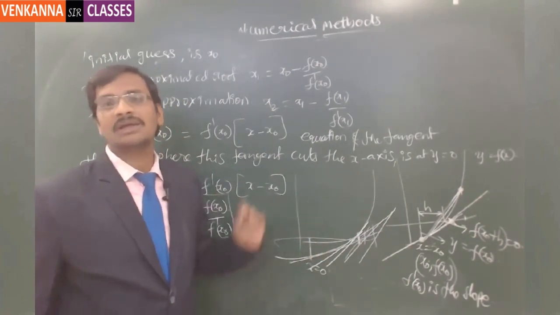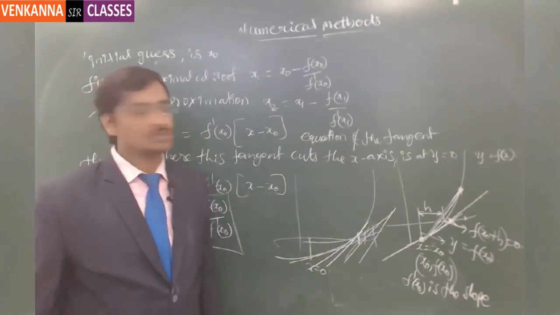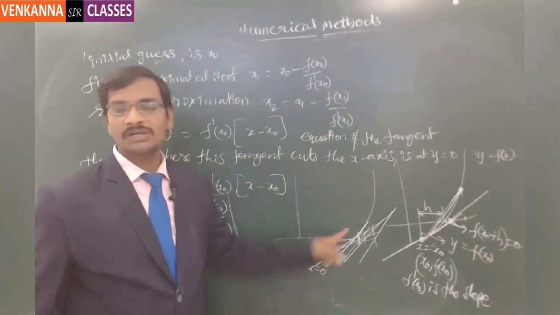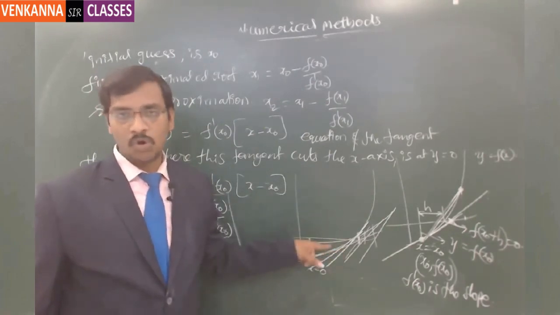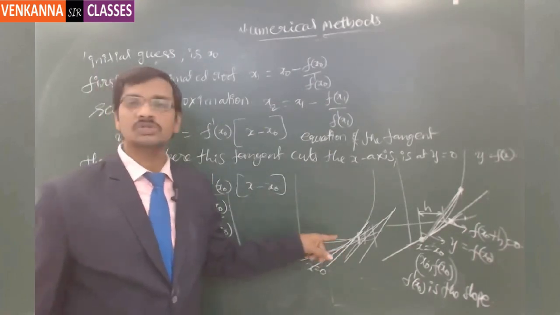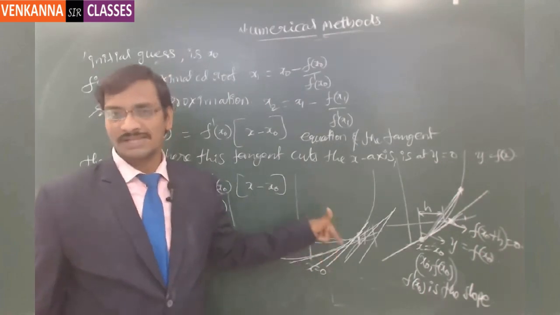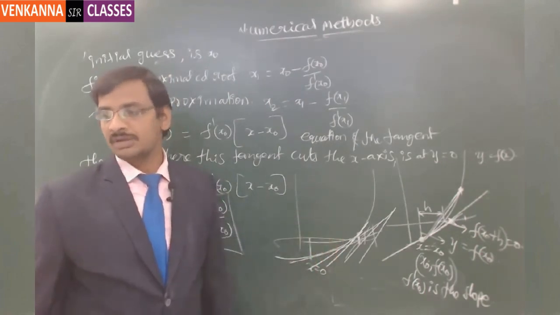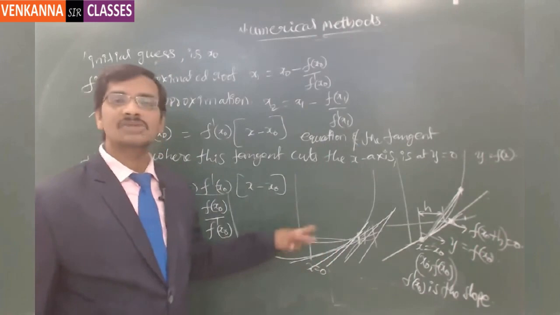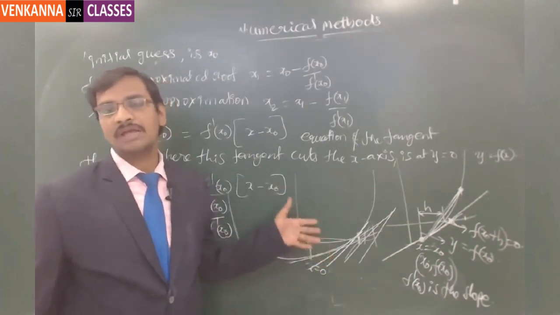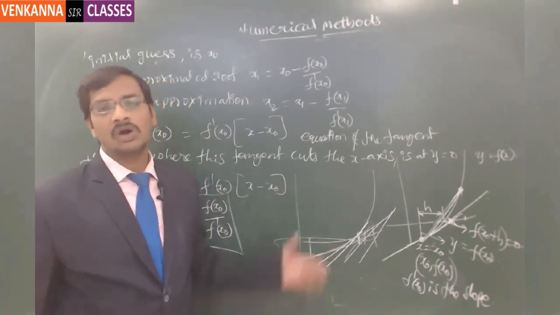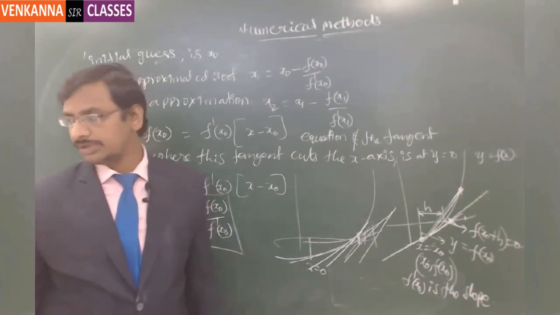Got it? So this is the characteristic of the Newton-Raphson method. It depends on the slope when it is crossing the x-axis. If it is more, you will converge to the solution very fast. If it is less, it might take more iterations. Nevertheless, this is always a better method compared to the regular falsi method or the bisection method. Got it?